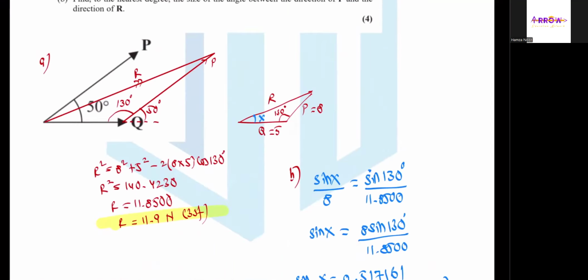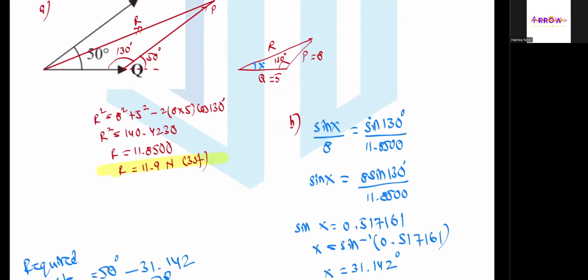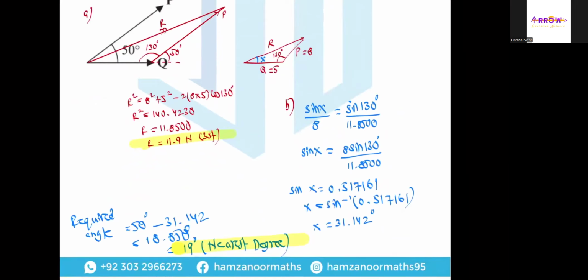I can simply use the sine rule. Sine X divided by P, meaning sine X divided by 8, is equal to sine 130 divided by R. The value of R I have taken correct to a higher degree of accuracy in order to avoid premature approximations in my calculation.